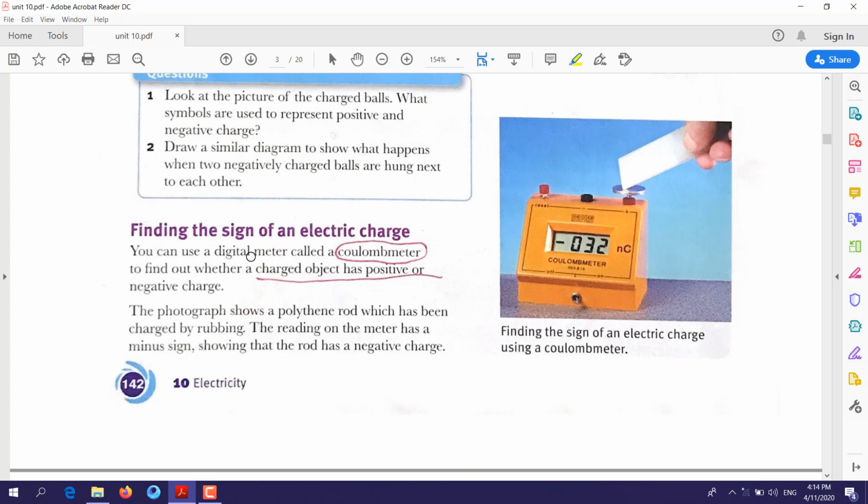You can use a digital meter called a coulomb meter to find out whether the charged object has a positive or negative charge. So maybe you'll have a question that says which tool is used to find the electric charge. You will say this is a coulomb meter.